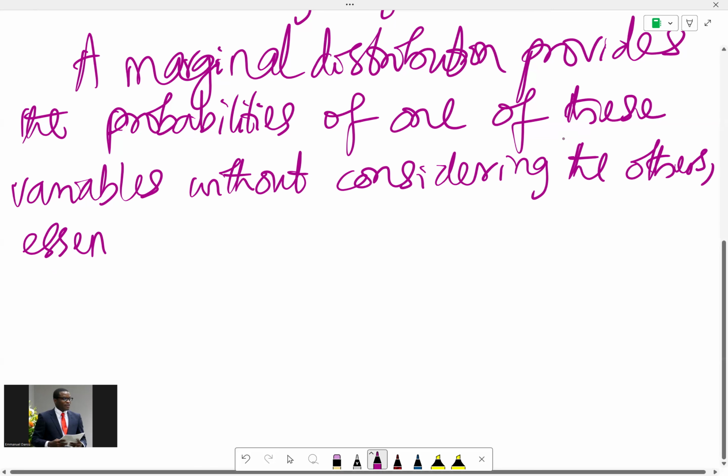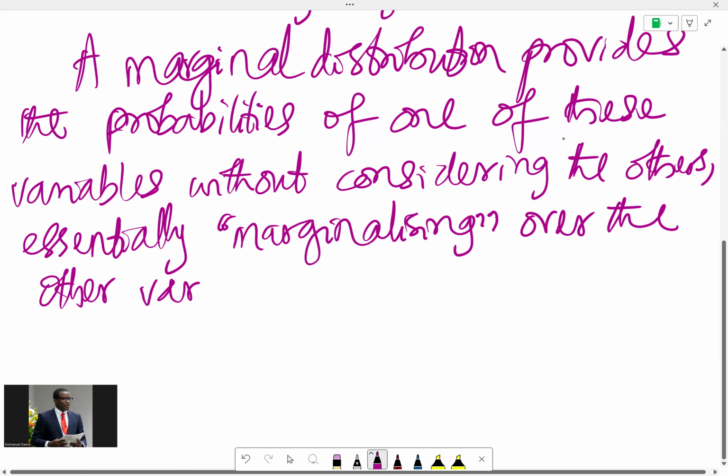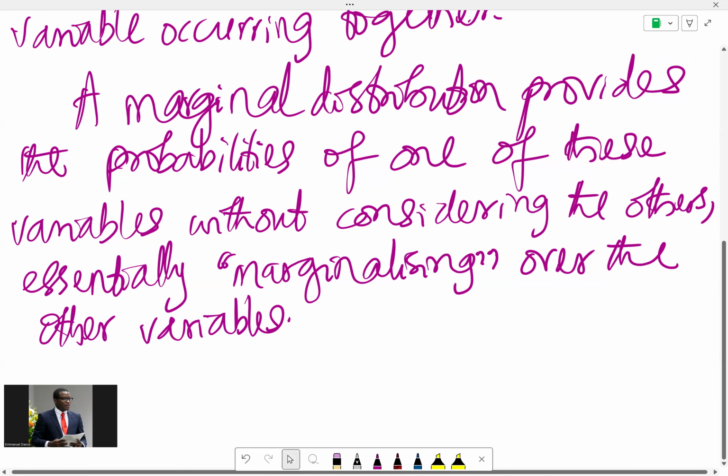Essentially, in quotes, marginalizing over the other variables. That is what they are called, marginal distribution.